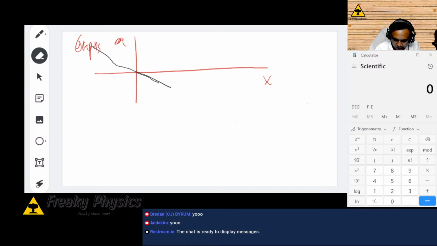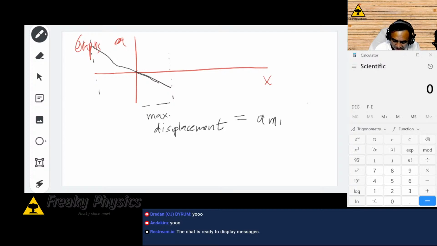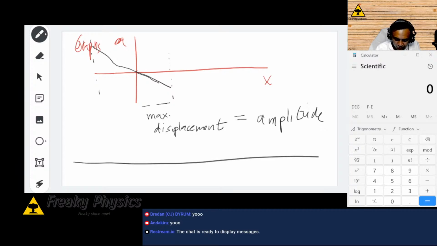You see that we have a limit. What do you think this is? This is the maximum displacement. Now I think you remember what this is defined as. Amplitude, this is exactly the amplitude. So this is your max displacement A, right?